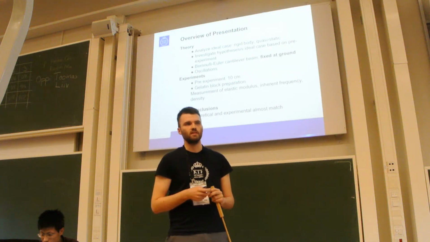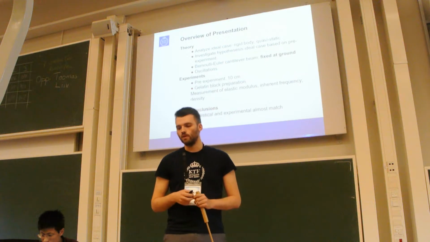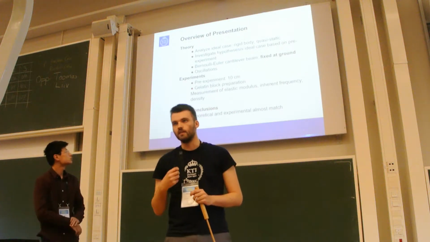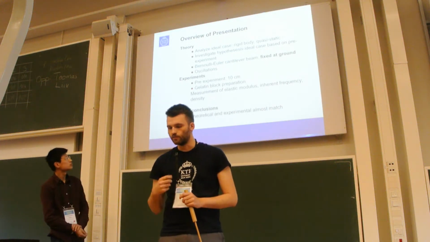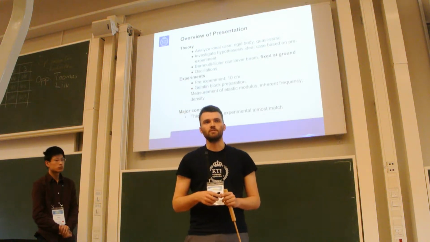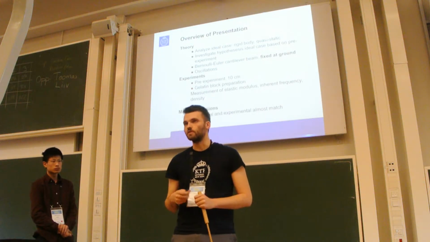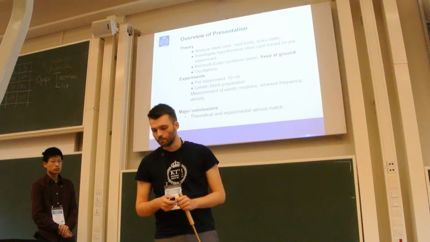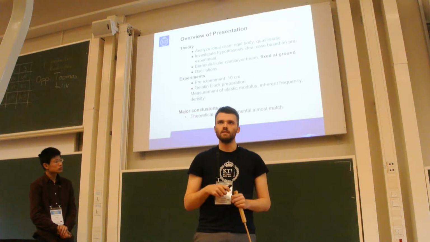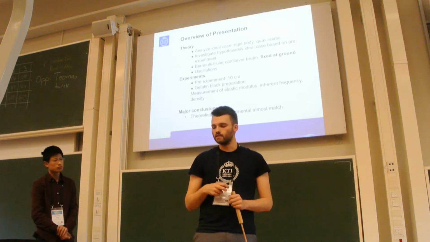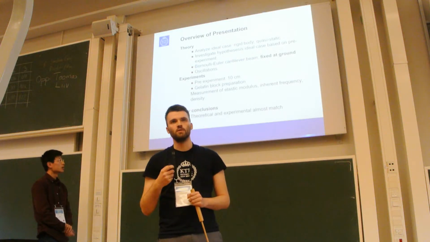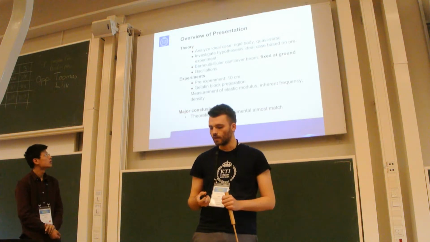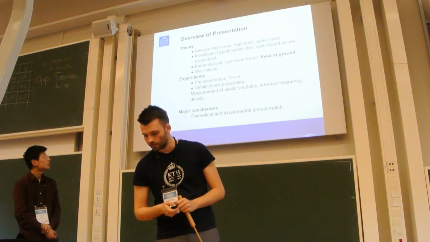Based on this, they develop a theory based on Euler-Bernoulli cantilever beams that are fixed at the ground. This is the standard method to look at these beams, so this is a good approach. But they take it a step further than the simplest way to look at it, because they also look at the oscillations. We believe this is very good.